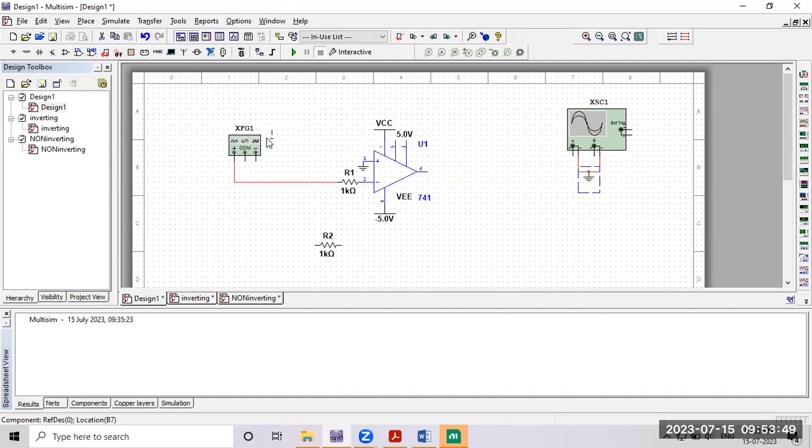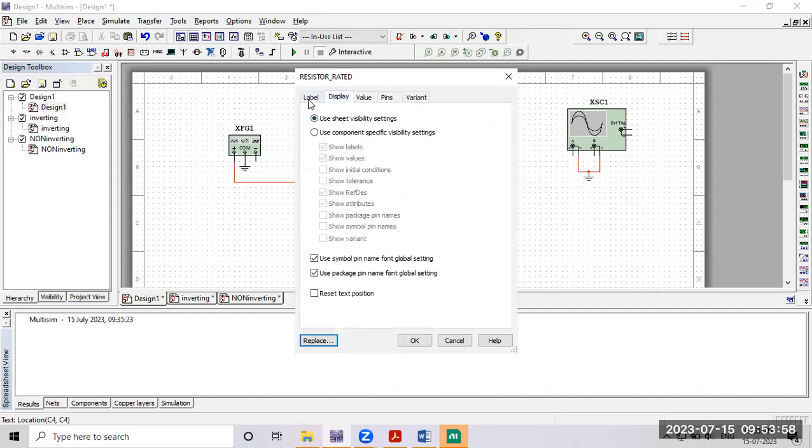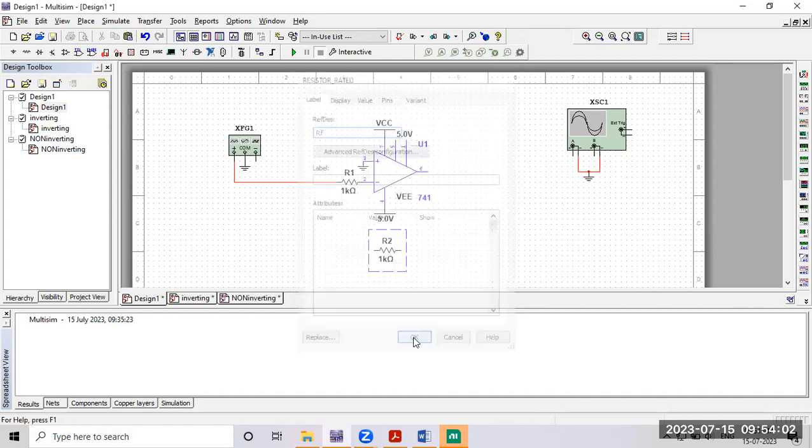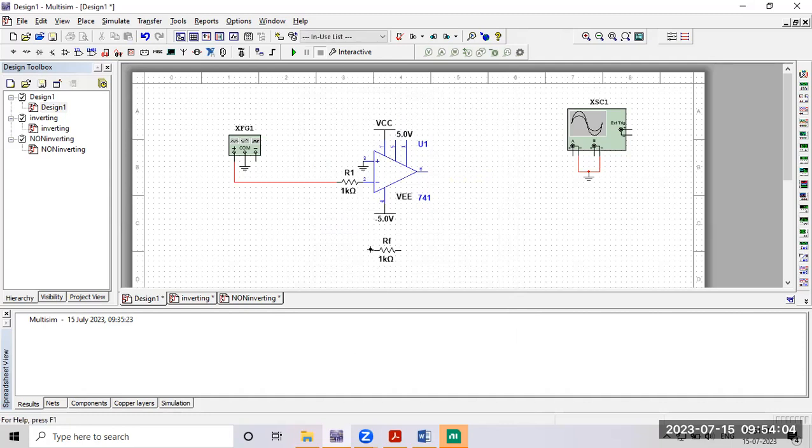Copy, paste, common. Next, this is the feedback resistor. We can change this R2 to RF. Now this resistor to 2, then 6.